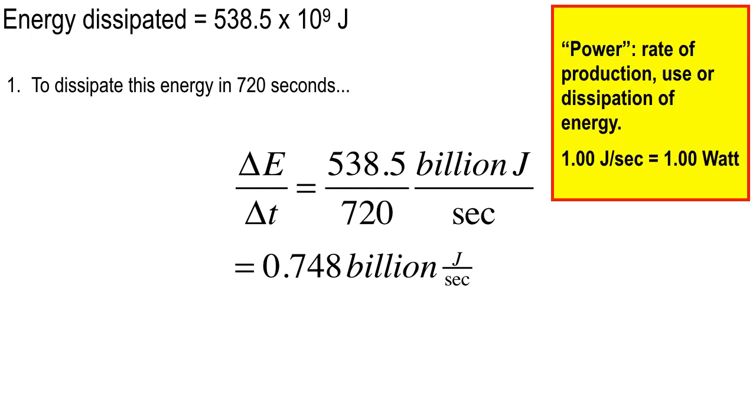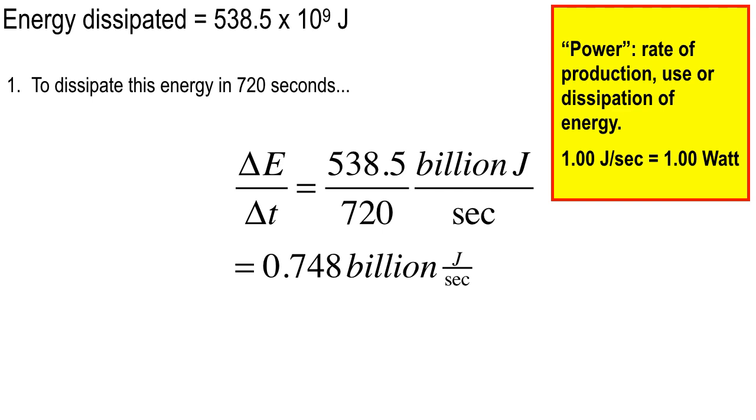Now, power is a physics term that means the rate of production or use or dissipation of energy. So 1 joule per second is a watt. If you pay the bills at your apartment or house, the electric bill is in so many cents per kilowatt hour.